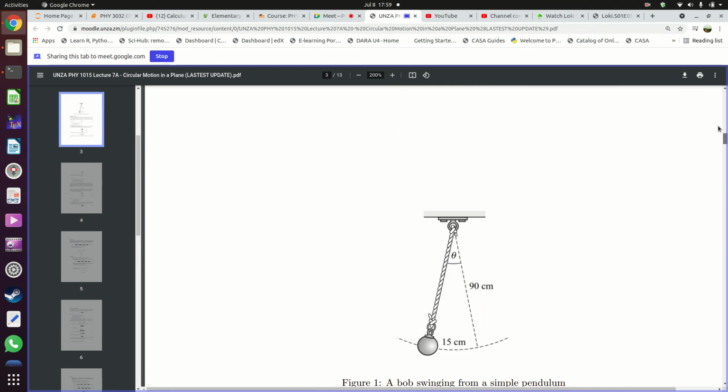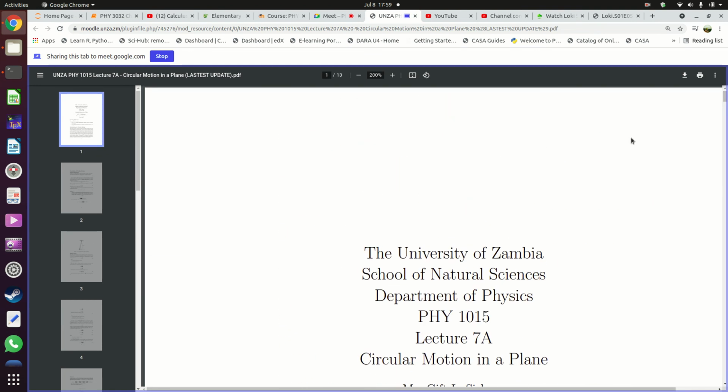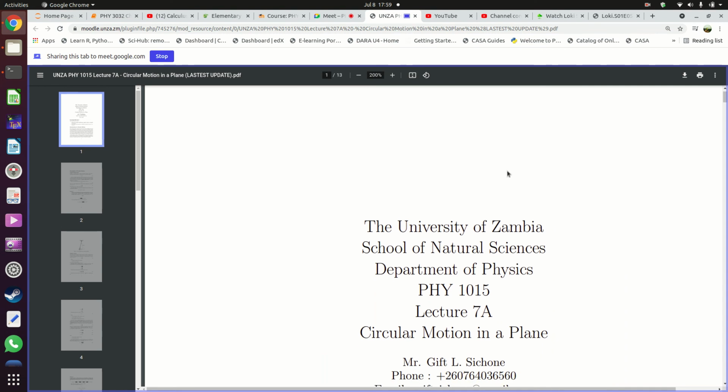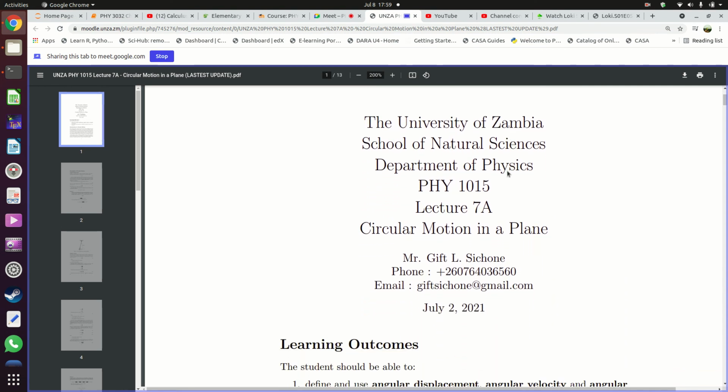So we'll catch up. Tomorrow we'll continue looking at what's called centripetal acceleration and centripetal force. Now, we'll discuss what centripetal is tomorrow. Unless there are any questions, we end here.